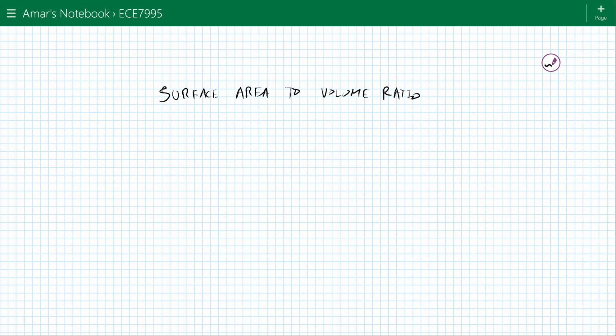So let's say that you have a flat electrode like this. You want to make some sort of sensor. You have a metal sensor like this, okay?